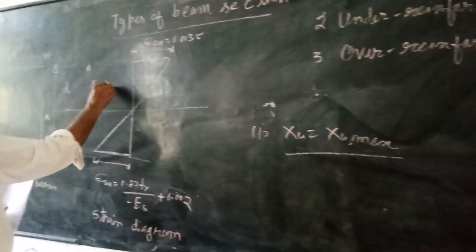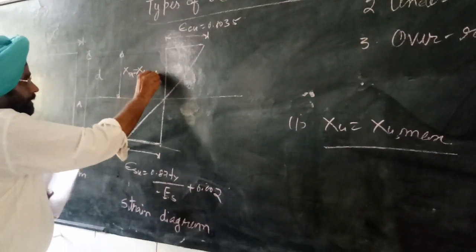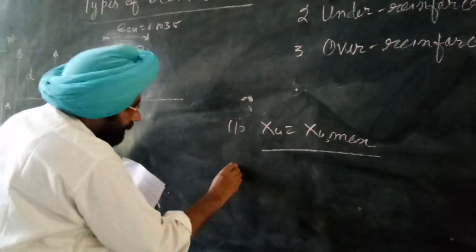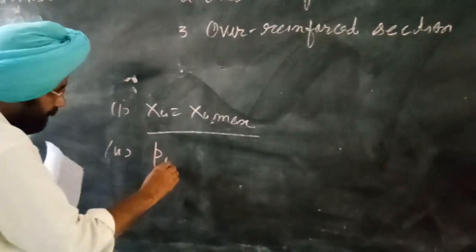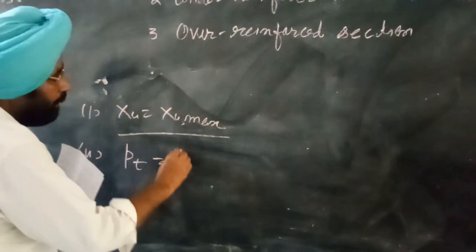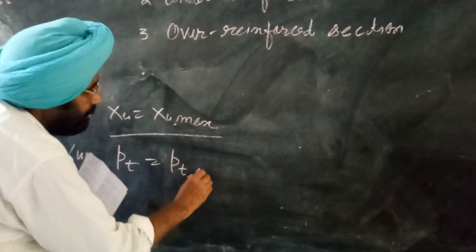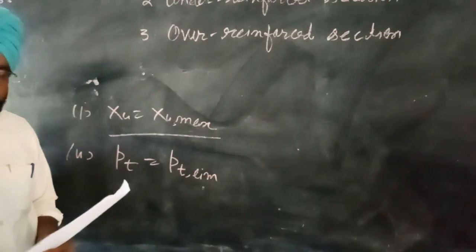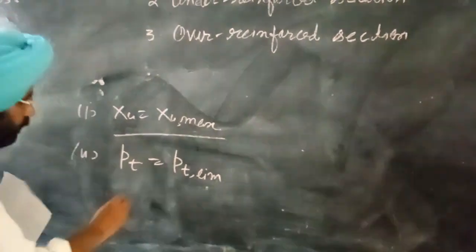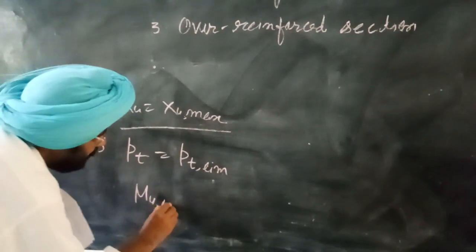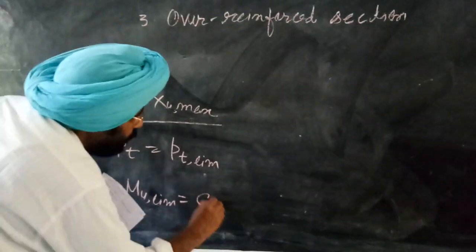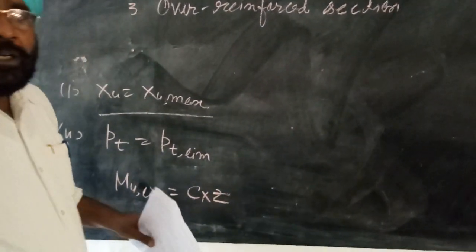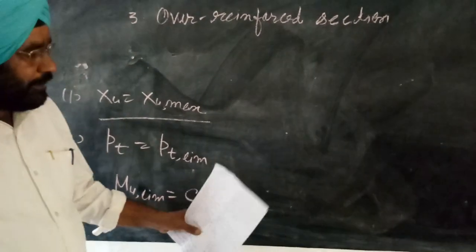Second, percentage of tensile steel will be equal to maximum percentage of tensile steel, that is limiting percentage of steel, and moment of resistance of the section will be limiting. So limiting moment of resistance is equal to C into Z, where C is the total compression in concrete and Z is the lever arm.